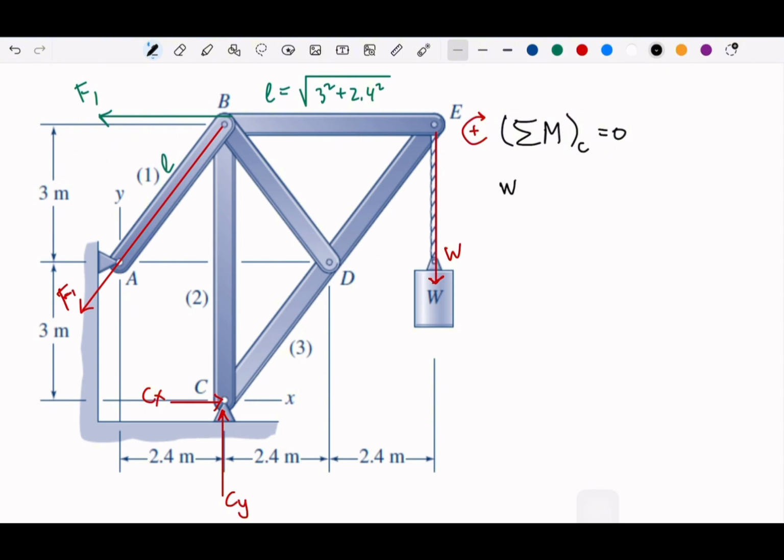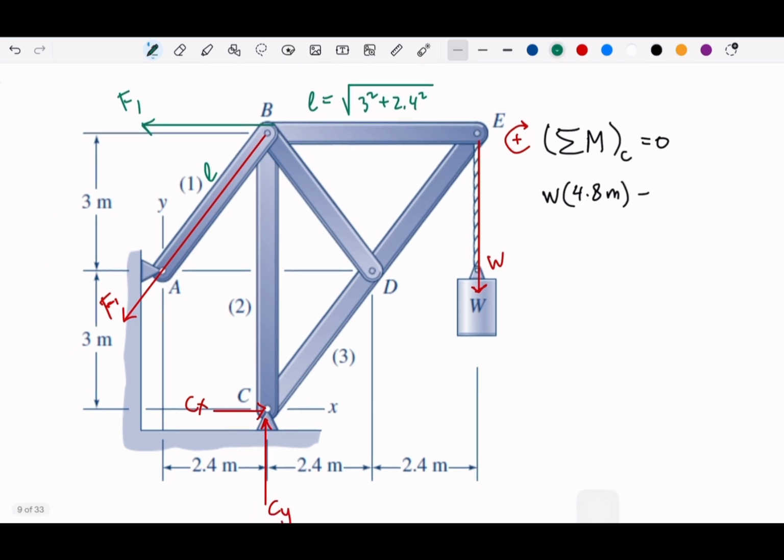So this will be W times 4.8 meter, and minus F1 times 1.2 over 1.92, right? Yeah, you need to check 3 and 2.4.